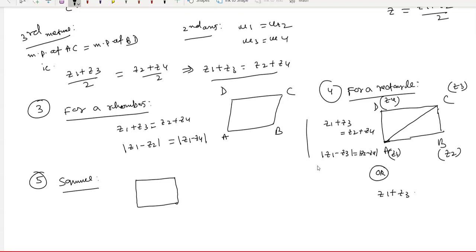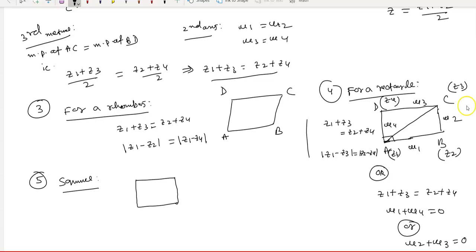You say Z1 plus Z3 equal to Z2 plus Z4. Then if this has slope mu1, mu2, mu3, mu4, you need not say all are equal. Just say this is perpendicular, no? So mu1 plus mu4 will be equal to 0, or mu2 plus mu3 equal to 0.